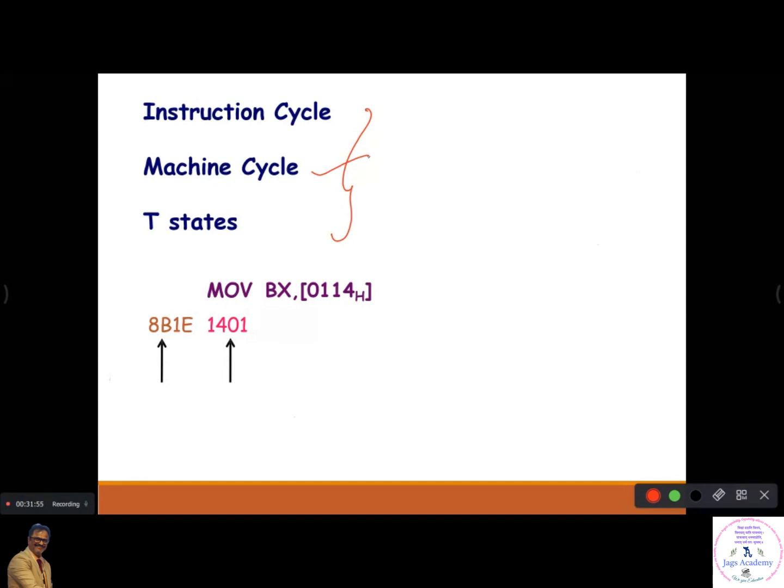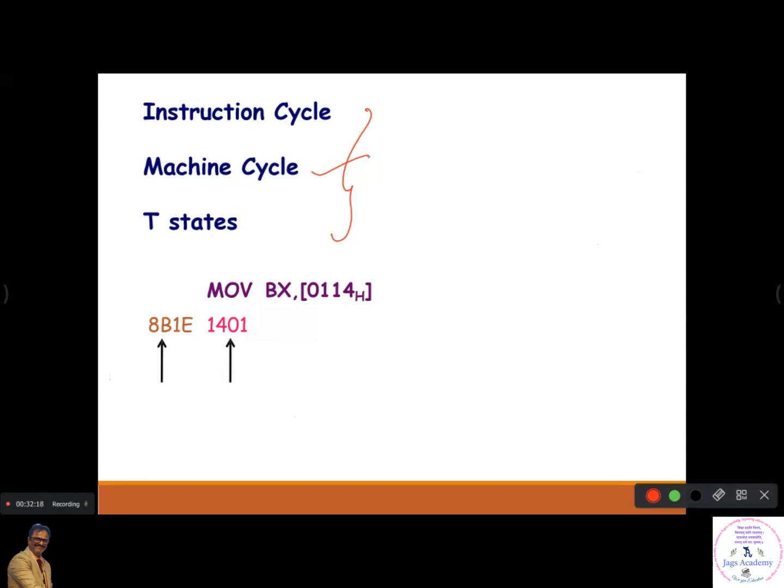Have you understood about the instruction cycle? The instruction cycle is the time taken by the microprocessor to complete execution of one instruction. And that one instruction can take multiple machine cycles. And what is a machine cycle?